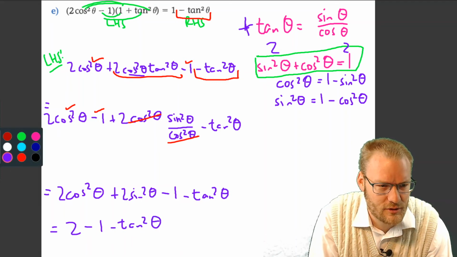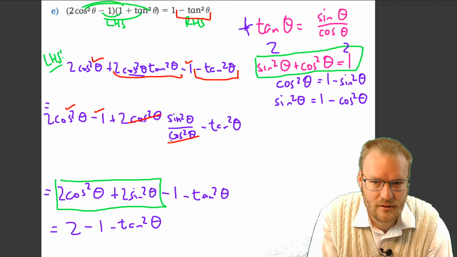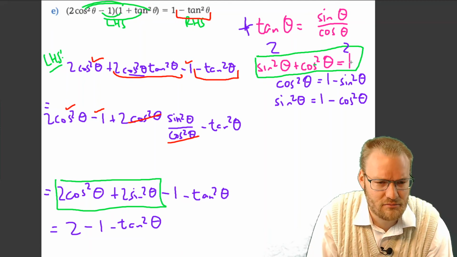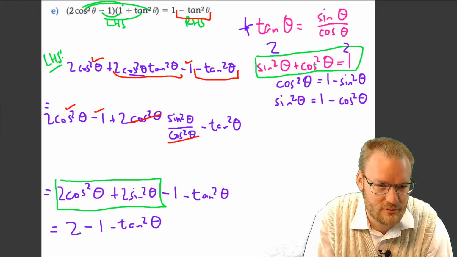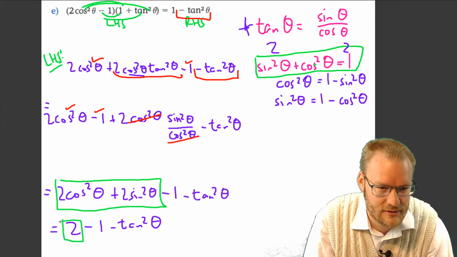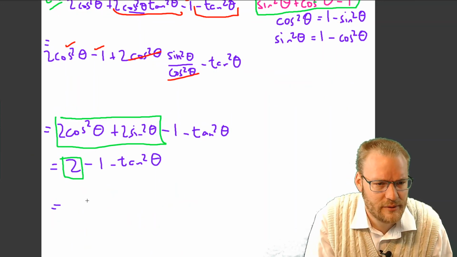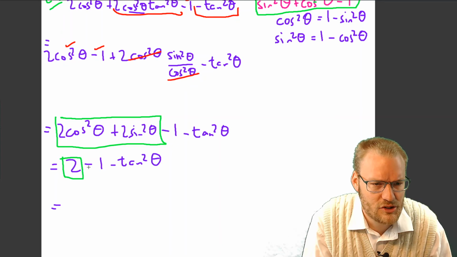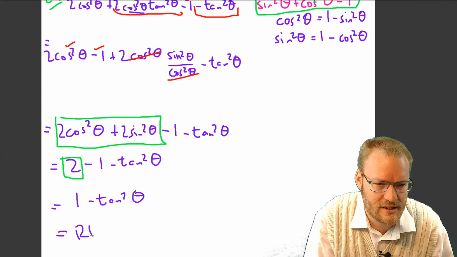So in other words, this part here is 2 of these, so just replace it with 2, sine squared theta plus cos squared theta times 2. So that became that. Now from there, hopefully you're home free. 2 minus 1 is 1 minus tan squared theta, which is our right-hand side.